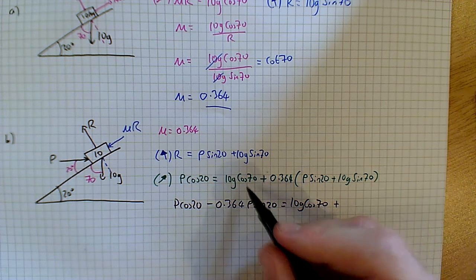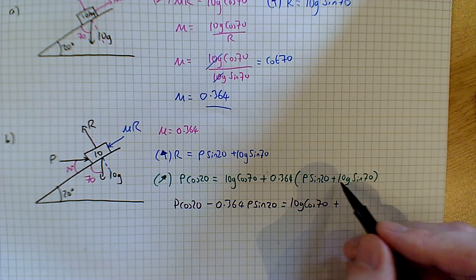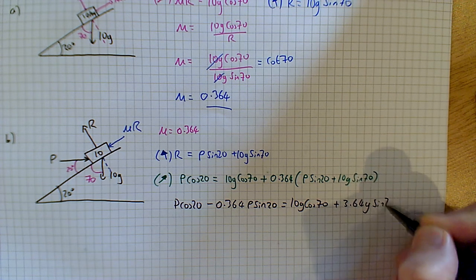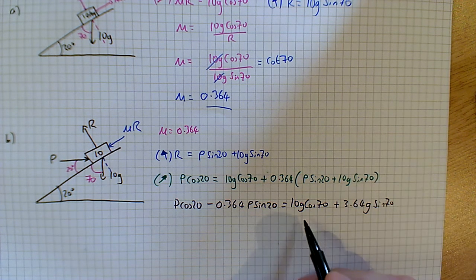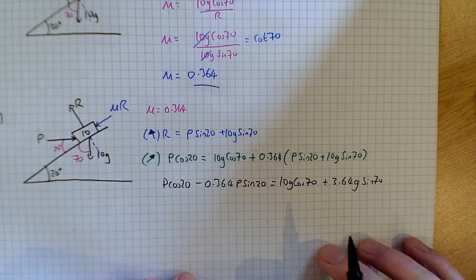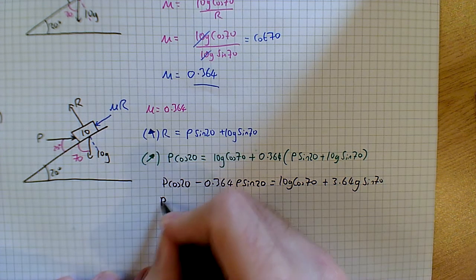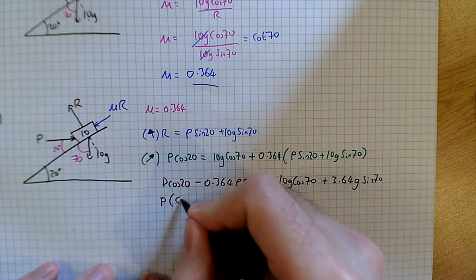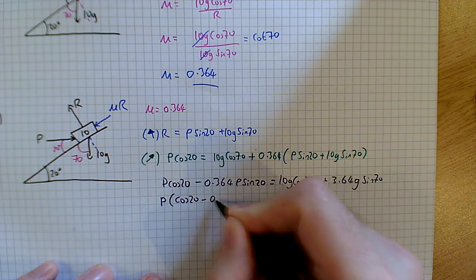Oh, and there's a 10 there as well, so I'll times 0.364 by the 10, so it's 3.64g sine 70. Of course this side is now just a number, which we can calculate, but I won't do that till the end. I don't really see any help in doing it earlier. I'll just get some long decimals that I don't really want to have to deal with. Factorise a P out.